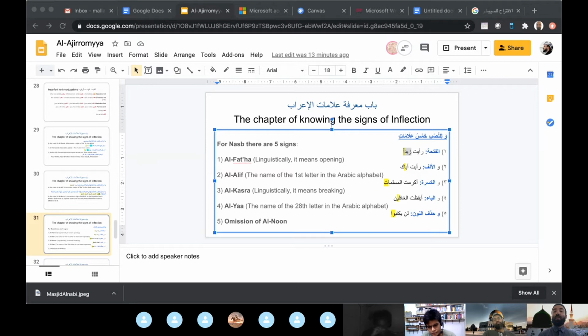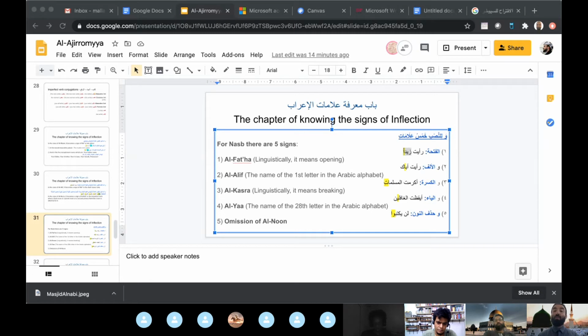Obviously I made it a bit simple, but that is the basic qaida. The reason I mentioned this is because I will start referring to the words that have the inflection of rafa as marfu', and I will start referring to the words that have the inflection of nasab as mansub.